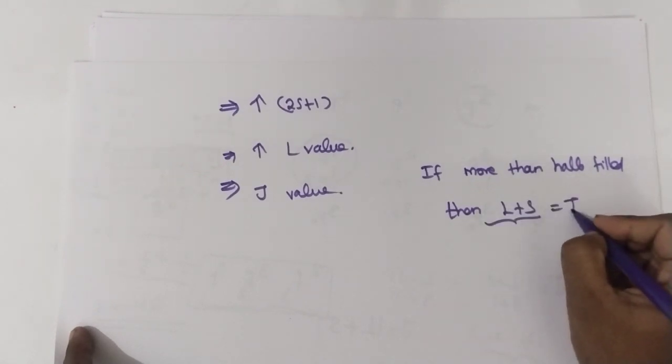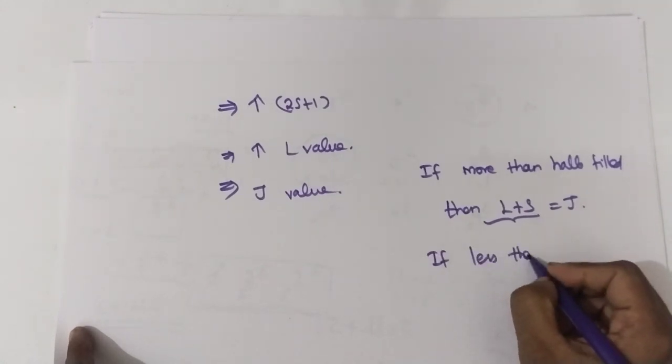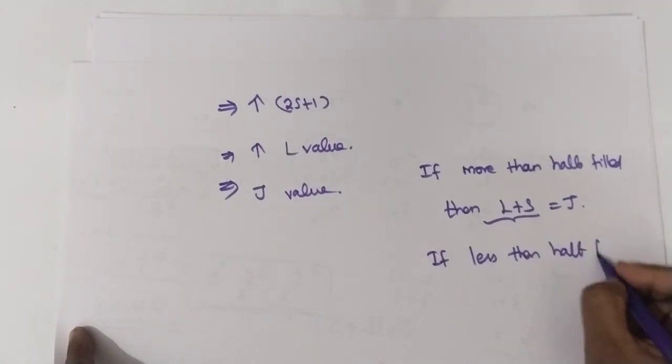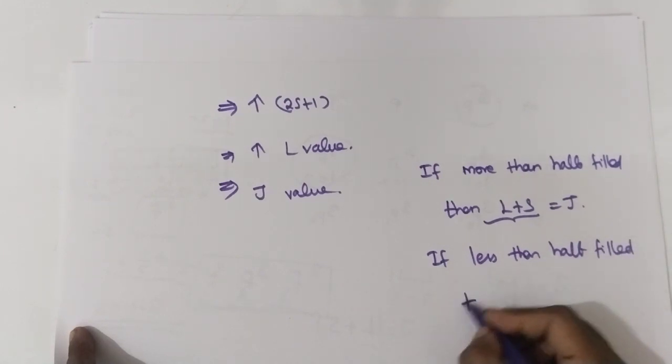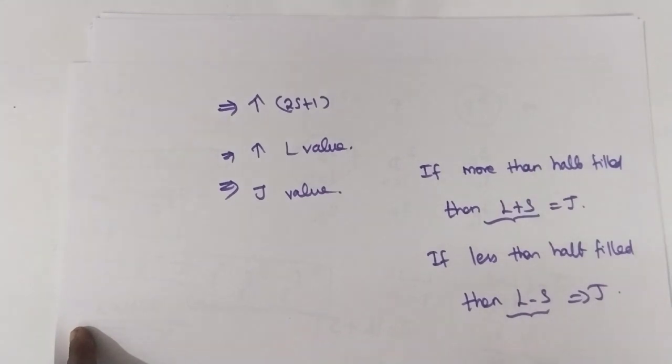Okay, J will be L plus S value. If less than half filled, then you have to choose L minus S as J value.